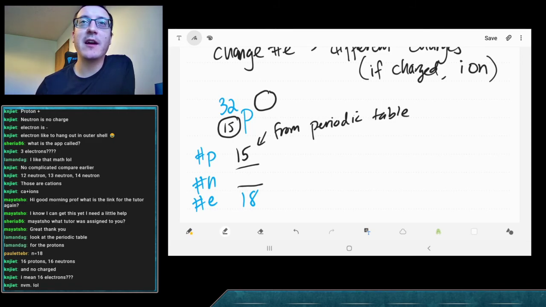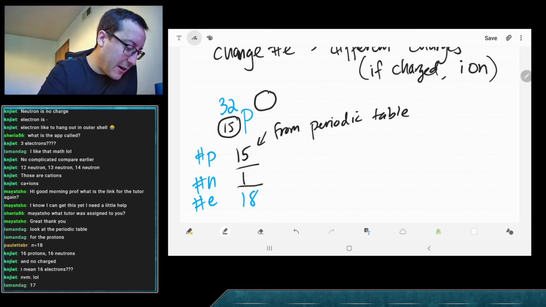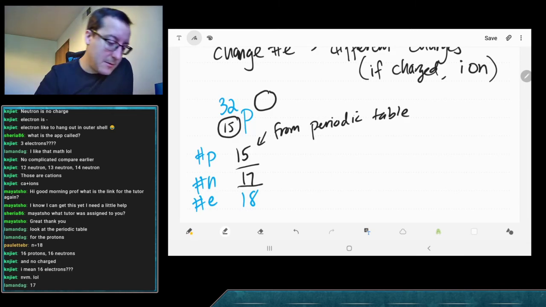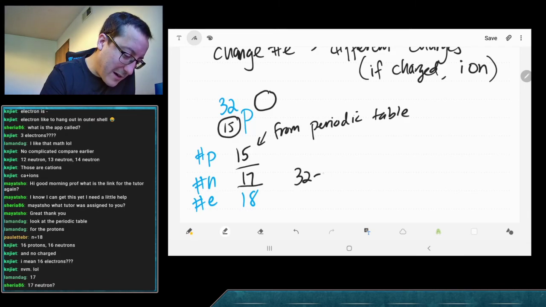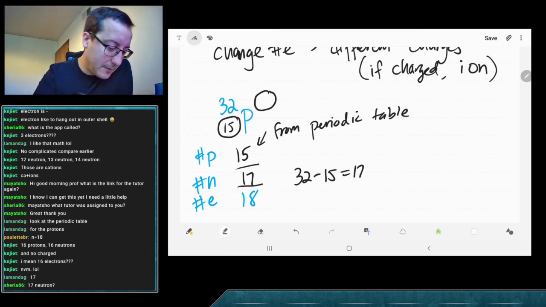Do we remember how to solve that? That one is going to be the top number minus the bottom number, right? So the mass number subtracting the protons. You're going to get 17 neutrons there. So that was 32 minus 15, which is 17. So that number is going to go here.